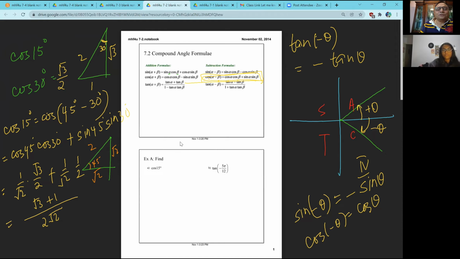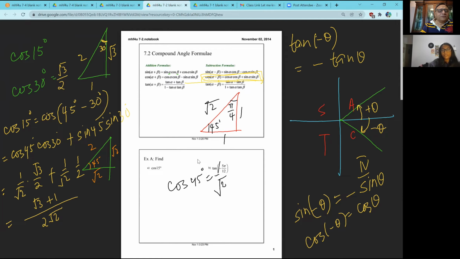Normally, which values do you use? 1, 1 and square root 2. So let me just draw that triangle here. Normally, we write this value as 1, 1 and square root 2. So for 45 degrees, or pi by 4 if you're working in radians, we get the value of cos 45 degrees as 1 over square root 2.